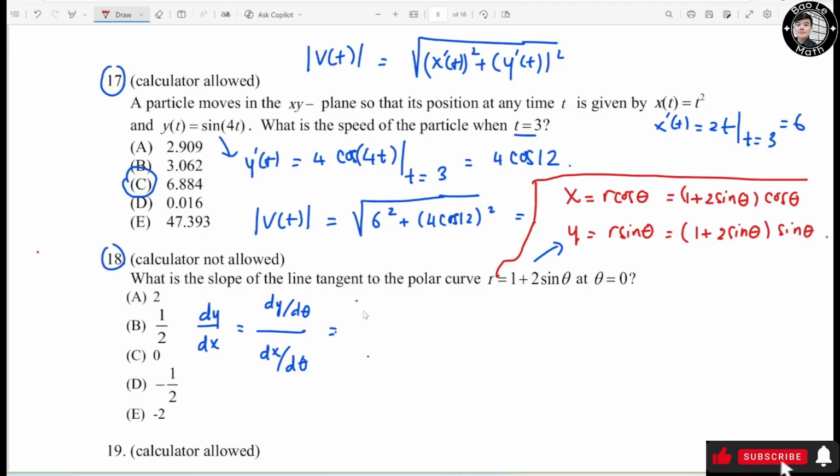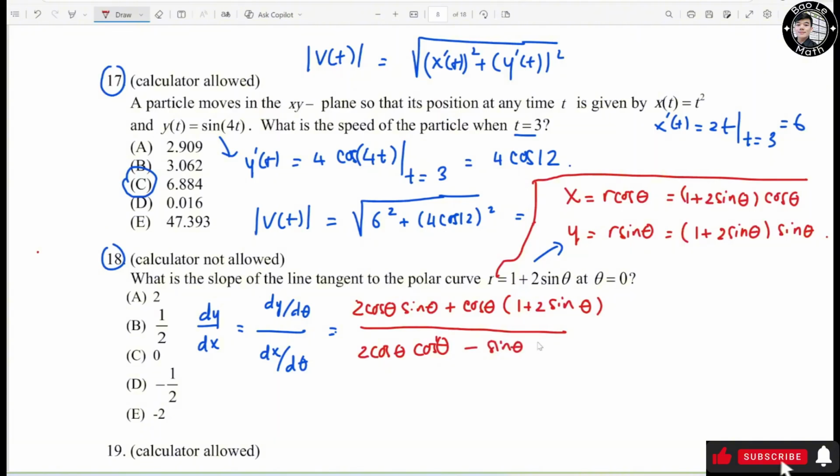So it's going to be 2 cosine theta times sine theta plus cosine theta times 1 plus 2 sine theta, over 2 cosine theta times cosine theta minus sine theta times 1 plus 2 sine theta.